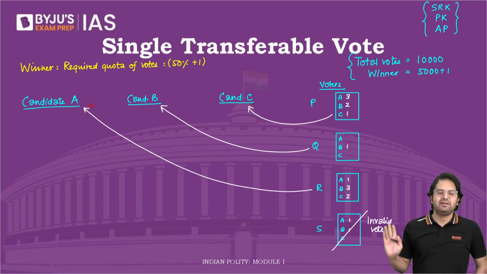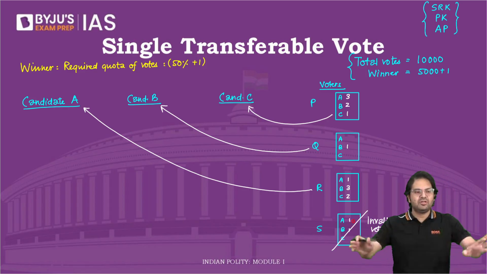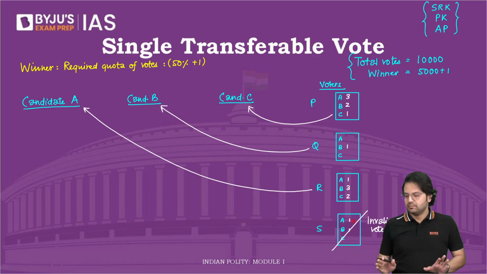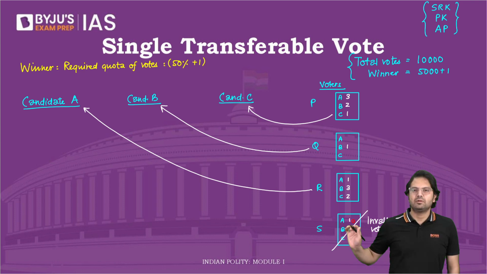His vote is marked invalid because this fellow tried to act over smart and mark two people as the same preference. So we can't tear the vote and give it to both the people. Clear? So an invalid vote does not count.